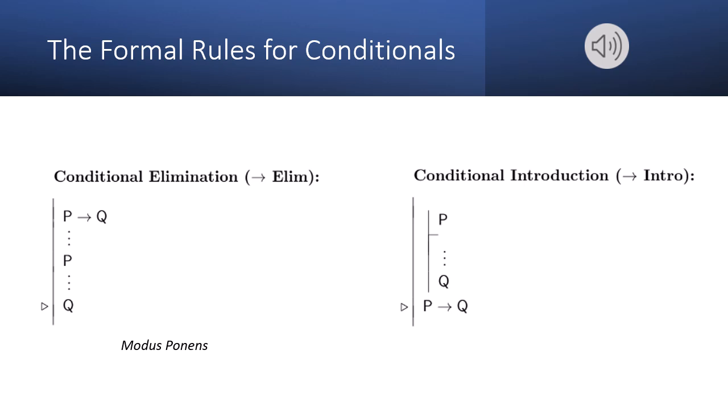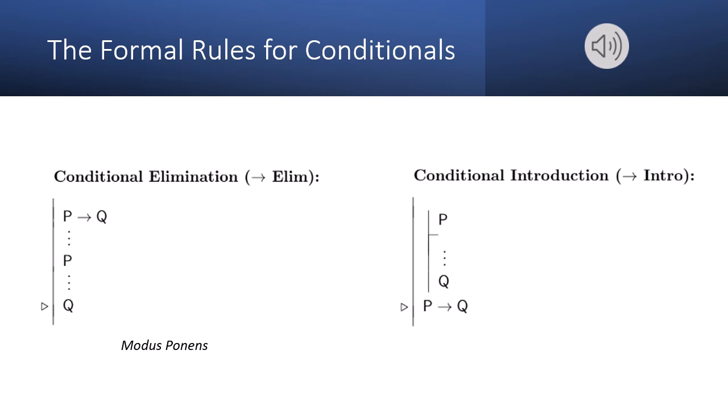And let me just remark that in italics down there, I've called this particular rule modus ponens because it's a classical rule of logic, and it's been studied all the way back to the Greeks and the time of Aristotle. So it goes by this Latin name of modus ponens, but we'll call it conditional elimination when we're citing it in our formal proofs.